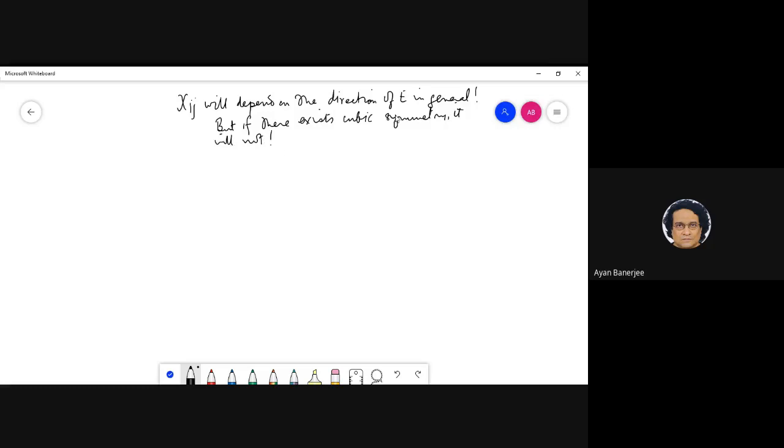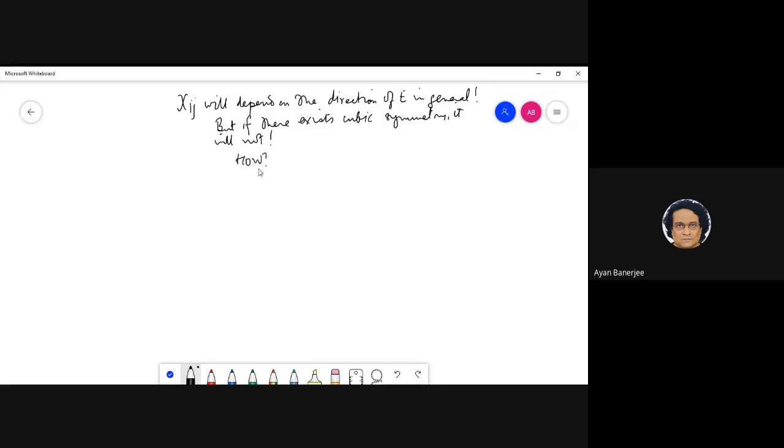So basically, in that case, the displacement vector is going to be parallel to the incident field, which essentially reflects the fact that chi is independent of the electric field direction. So how? Let us just start from absolutely basics. How is that happening?